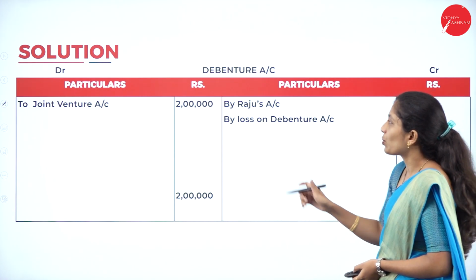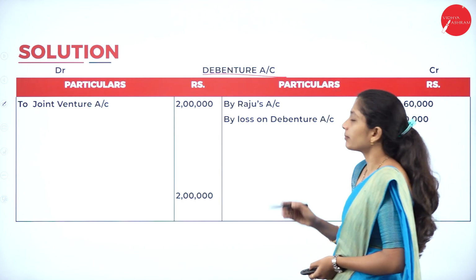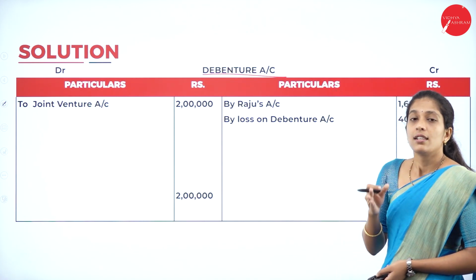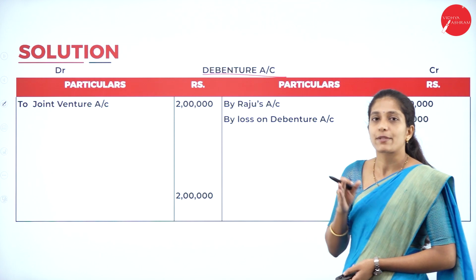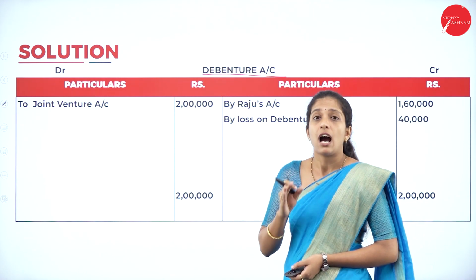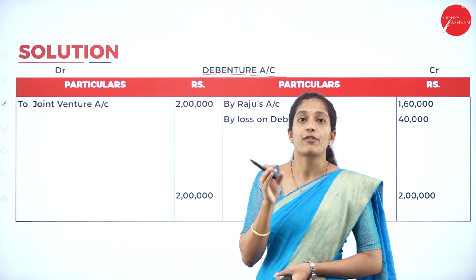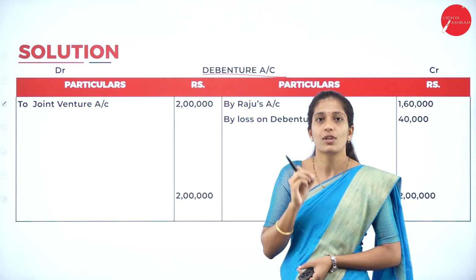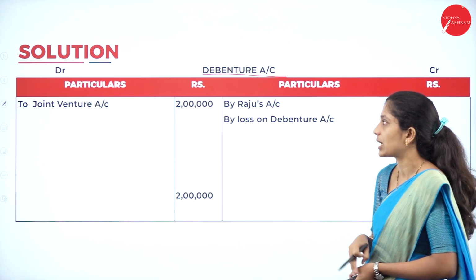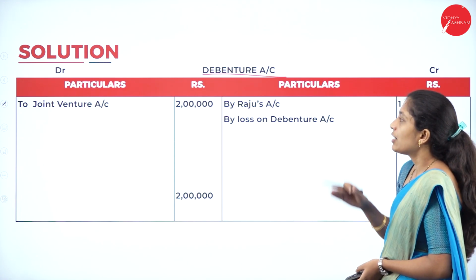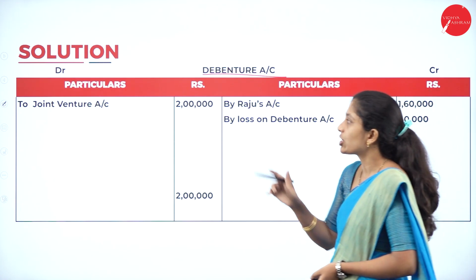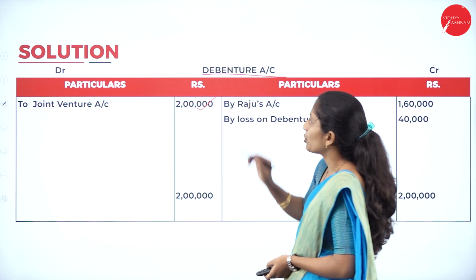Now coming to the next one, that is debenture account. Since 2 lakh has been given in the form of debentures, out of which one of the venturers has taken over that debenture for 1,60,000, there was a loss on debenture of 40,000, right? So how to record? The total debenture is how much? Debenture account debit to joint venture account 2 lakh.